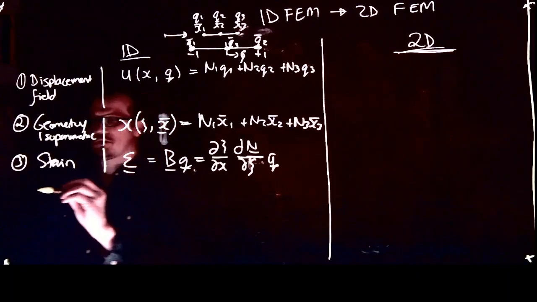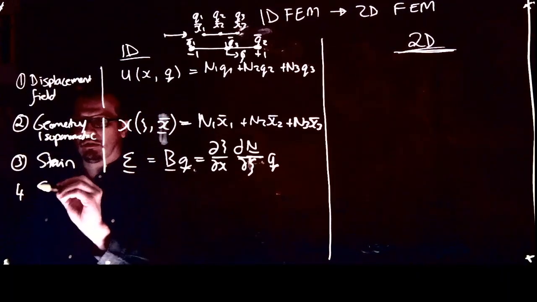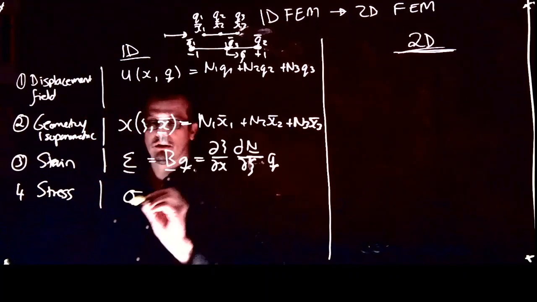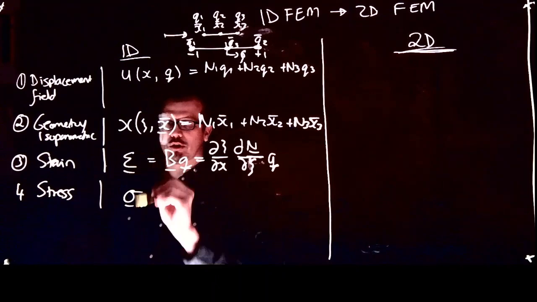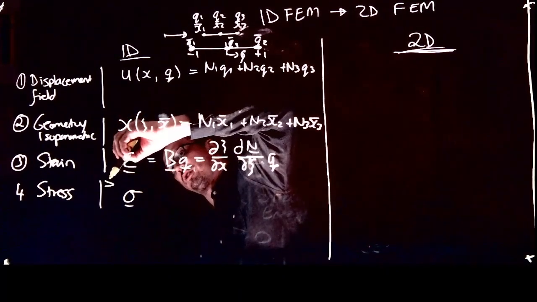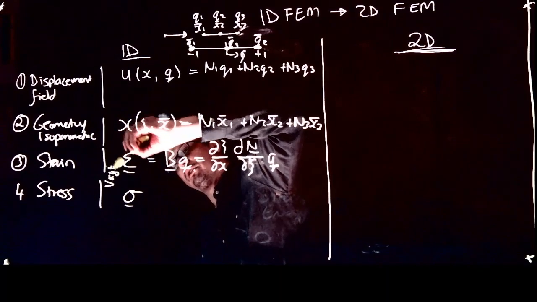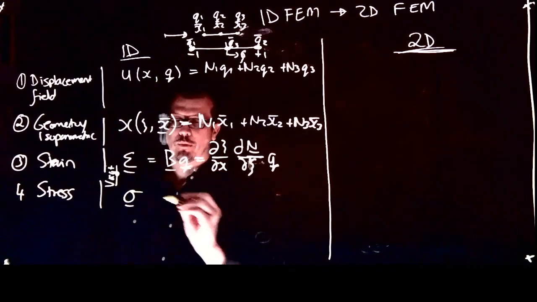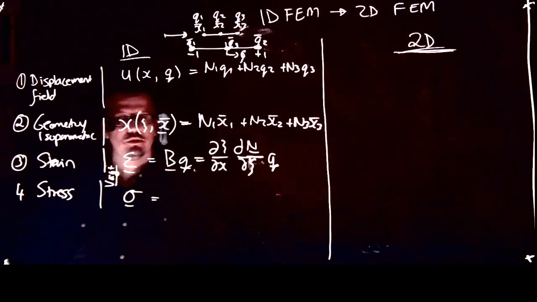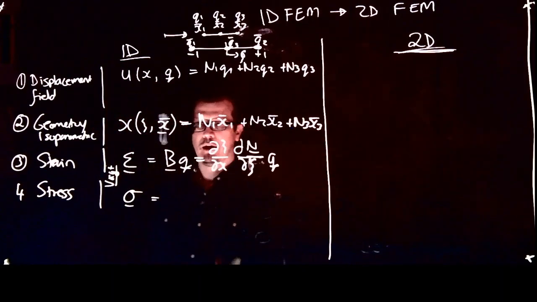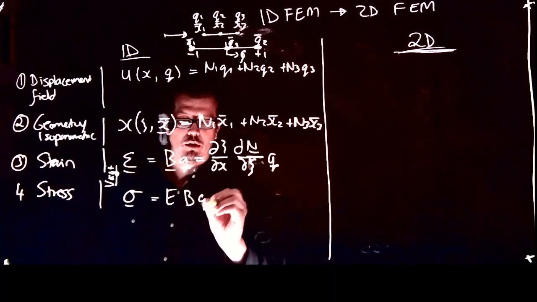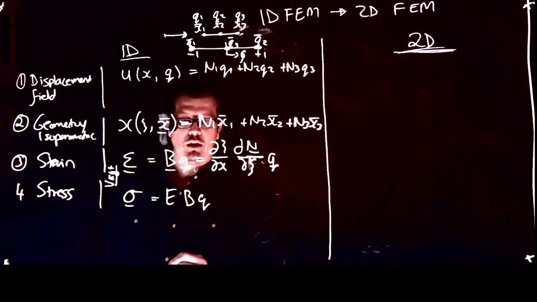When we get to the stress field, this is the Voigt notation again. I'm just going to remind you that this is Voigt notation, although it's 1D. Then we essentially have the material times BQ. So the material constitutive relation times the BQ here.